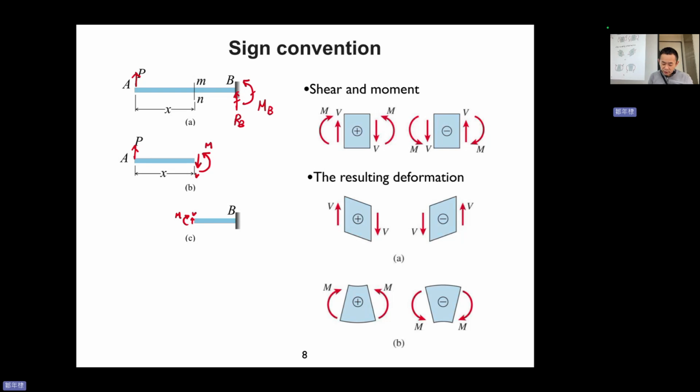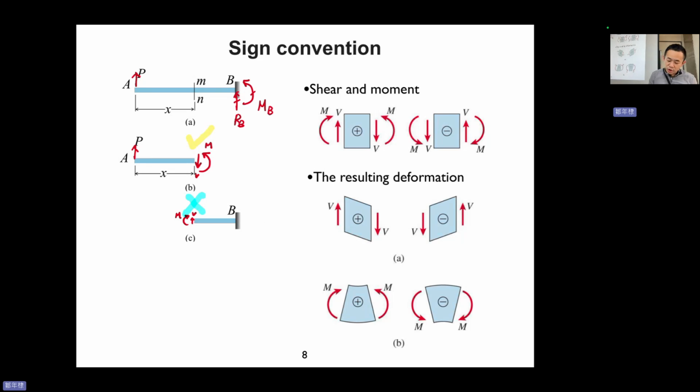Of course, this one will be balanced with the fixed end. But we are not going to look at this, because in the sign convention in this course, we will select this one, not that one.